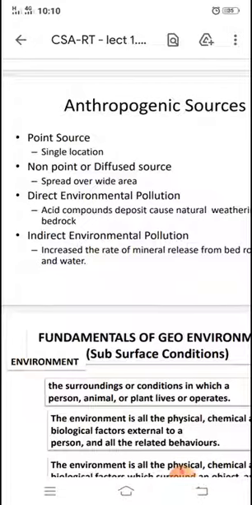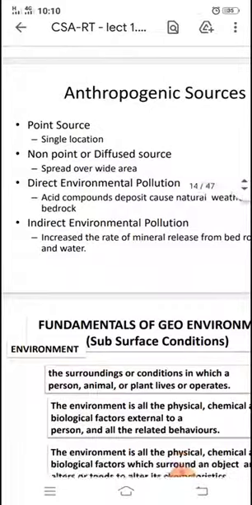So normally our drains are referring the point source, and our agriculture fields are relating the non-point source.